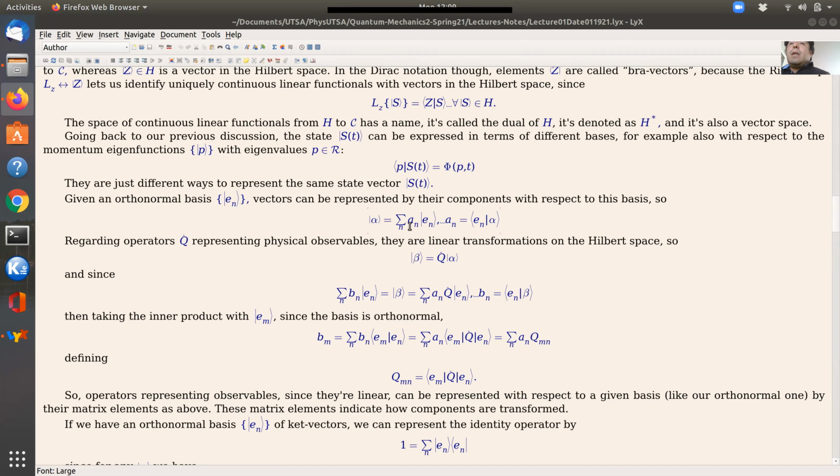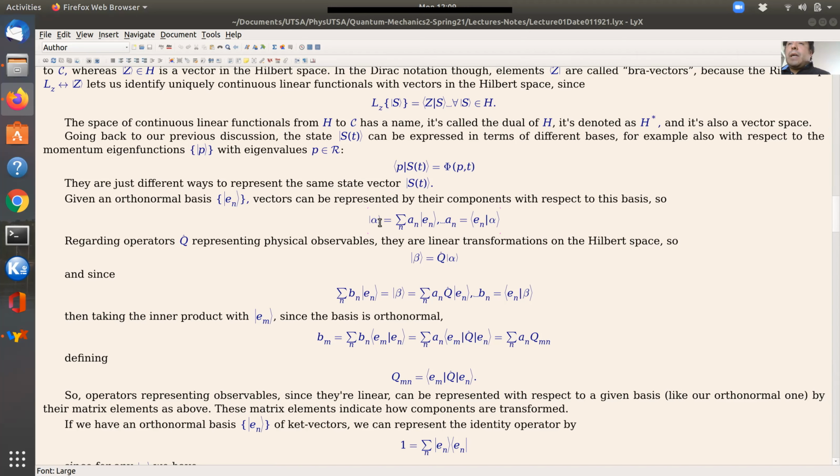So any state alpha is going to have this representation in terms of the orthonormal basis. And the way to know what these coefficients mean is basically by taking inner product in the same way we did for the previous example.